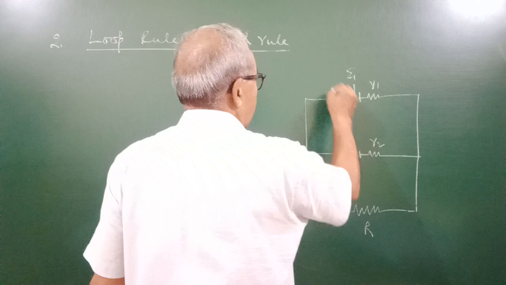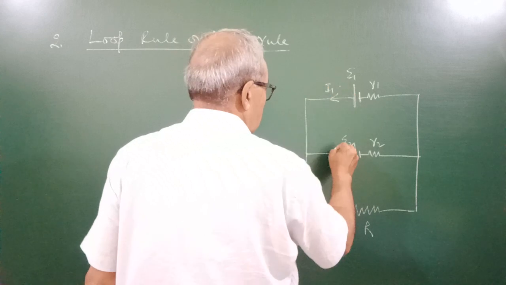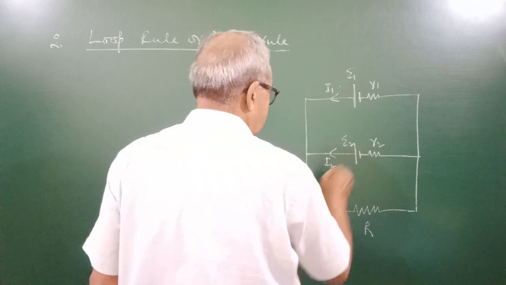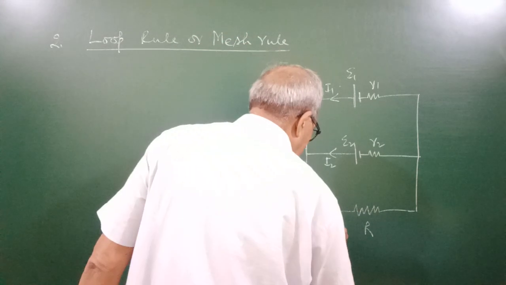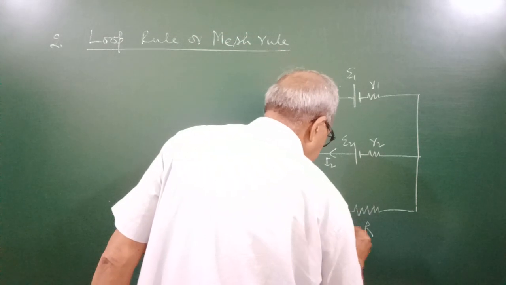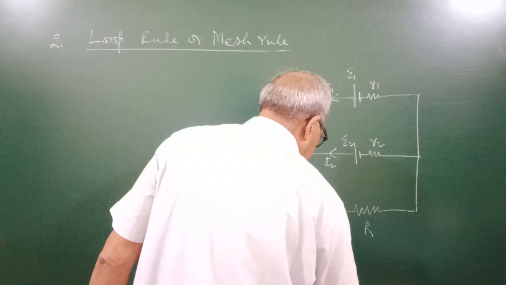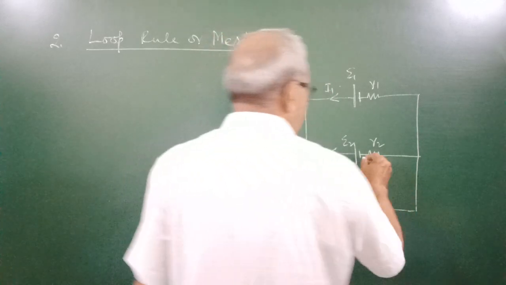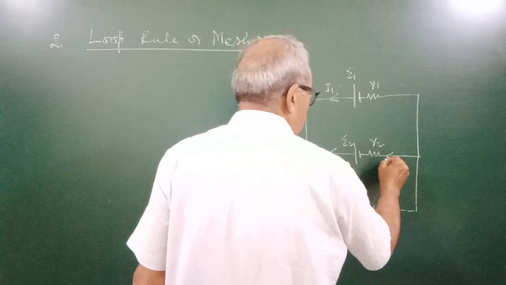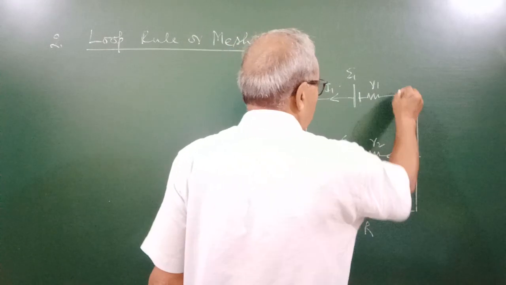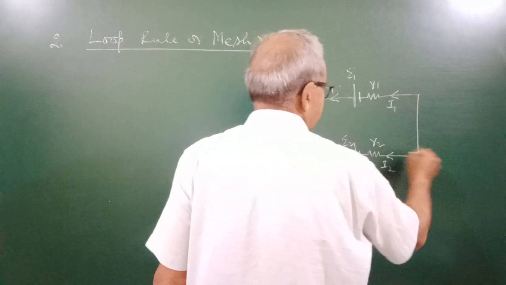So current, suppose I1 here. So I2 will be this way. From the junction rule here, current will be I1 plus I2. Again, as much current is given out, the same enters the cell. So here it will be I1.